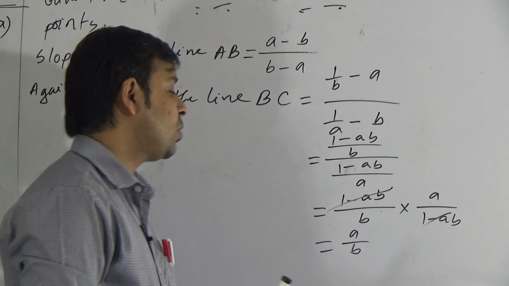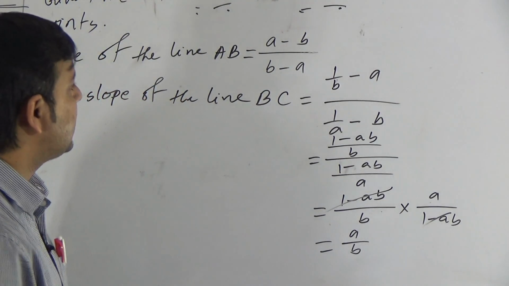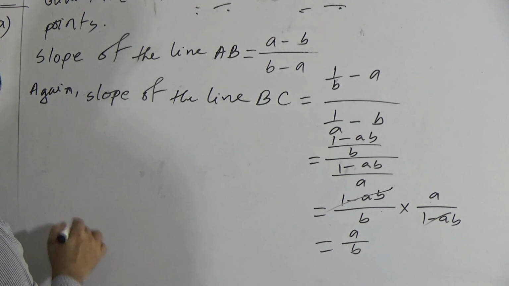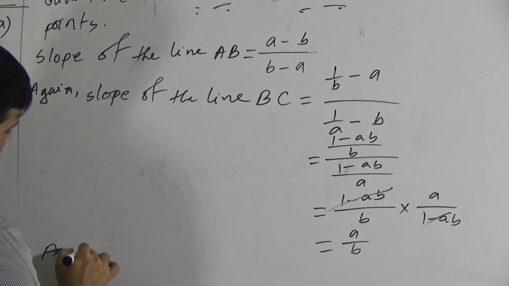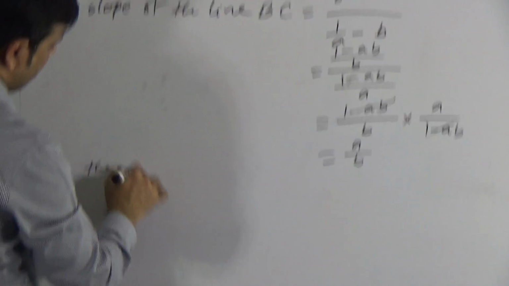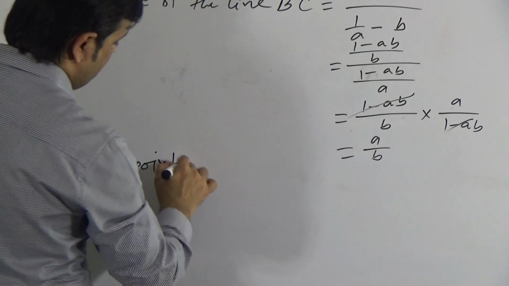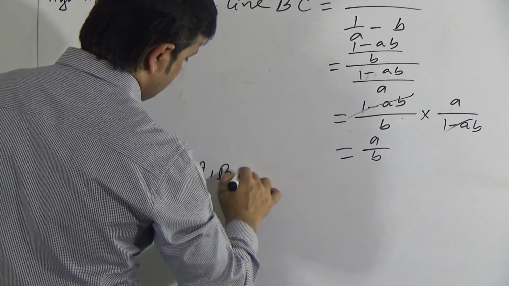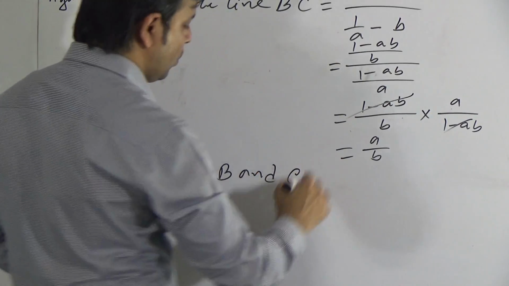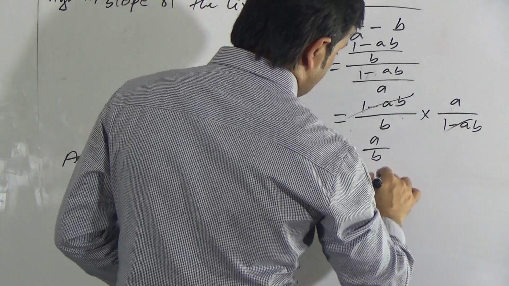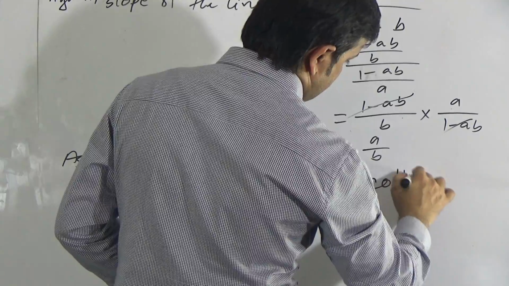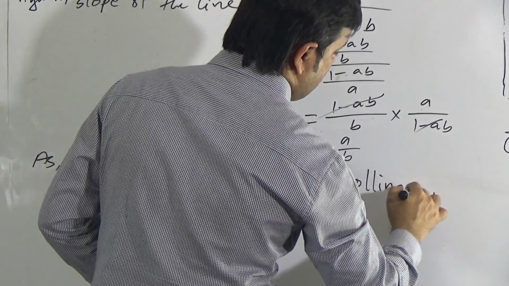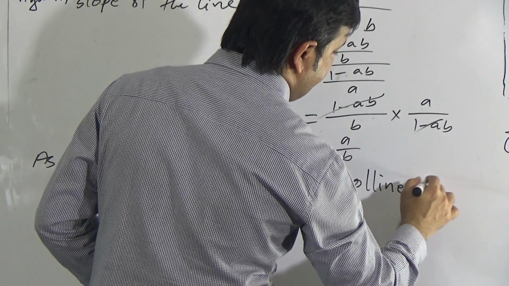Okay, dear students, so we can say now, as the points A, B and C are collinear, their slopes must be equal.